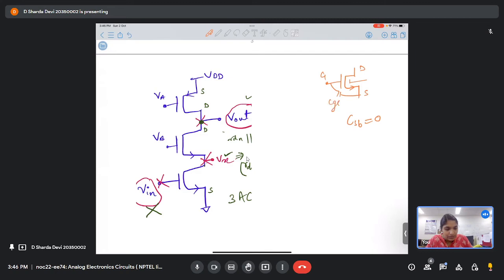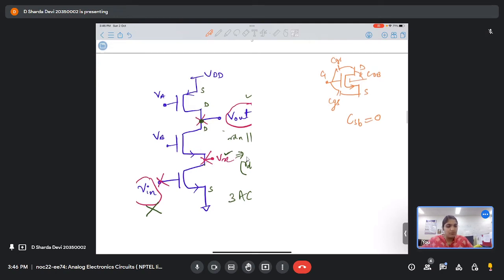That is CGS, CGD, CDB. So these three capacitances we will majorly consider.